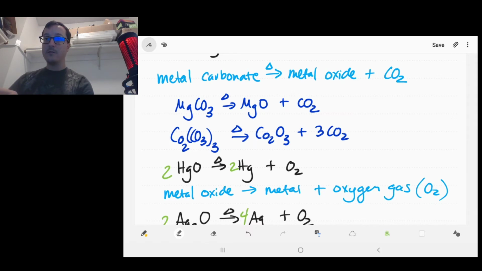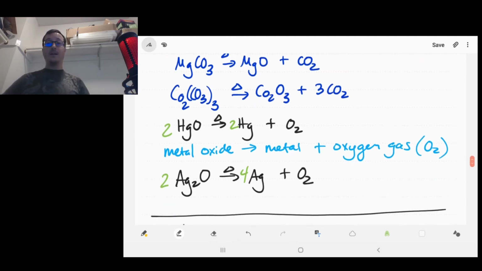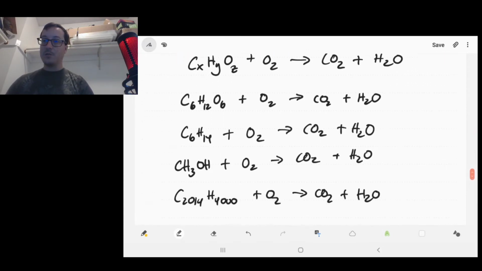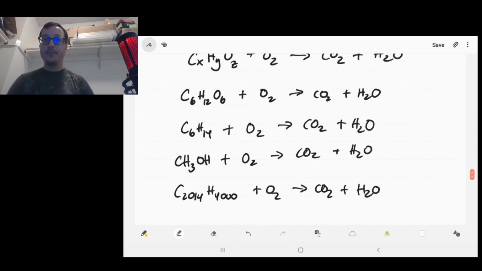They follow patterns. Metal carbonates turn into the corresponding oxides and carbon dioxide. And metal oxides would turn into the metal and oxygen gas. Alright, and then combustion reactions always produce CO2 and water. So those are kind of the types of reactions we're looking at there.